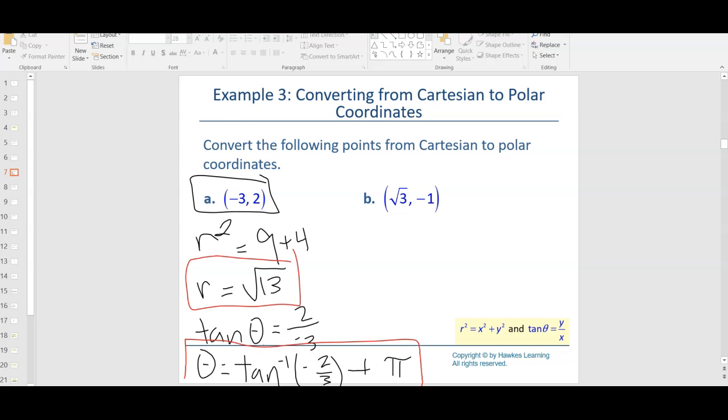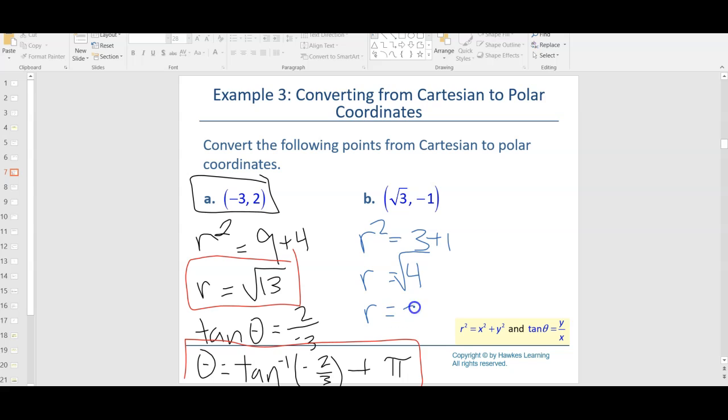All right, so for this other one, how do I do it here? This is going to be a special angle. To get r, I'm going to do the same thing. r squared is equal to x squared, which is 3, plus y squared, -1 squared is 1. r squared equals 4, so r is equal to the square root of 4.